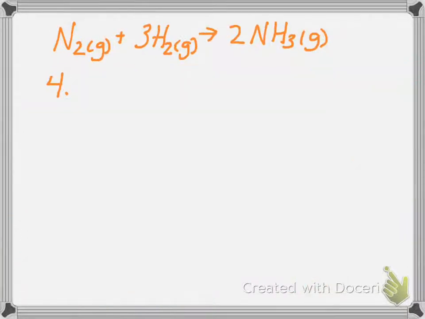The last way we can interpret our chemical equation is going to be in terms of volume. If we're going to interpret our chemical equation in terms of volume, we're going to assume we have STP, remember standard temperature and pressure, so that was a temperature of 0 degrees Celsius and a pressure of 101.3 kilopascals or 1 atmosphere, okay?